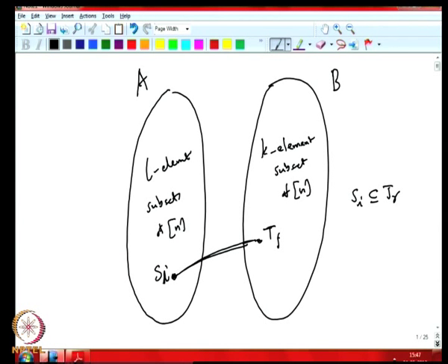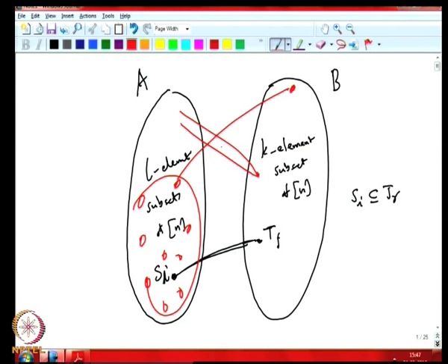What we are interested in is selecting certain vertices here, such that any vertex taken here has an edge into this set. It should not happen that there is a vertex here which has only edges to subsets that are not taken, that is, no subset of this k element subset is taken, right.